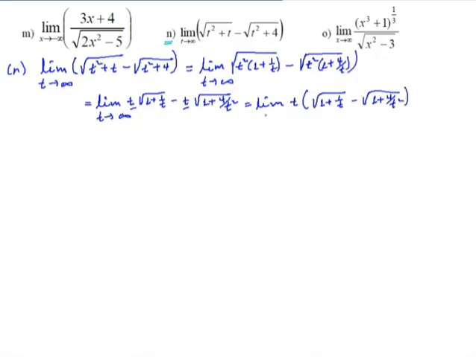So here t is approaching positive infinity. Now let us again rewrite this.